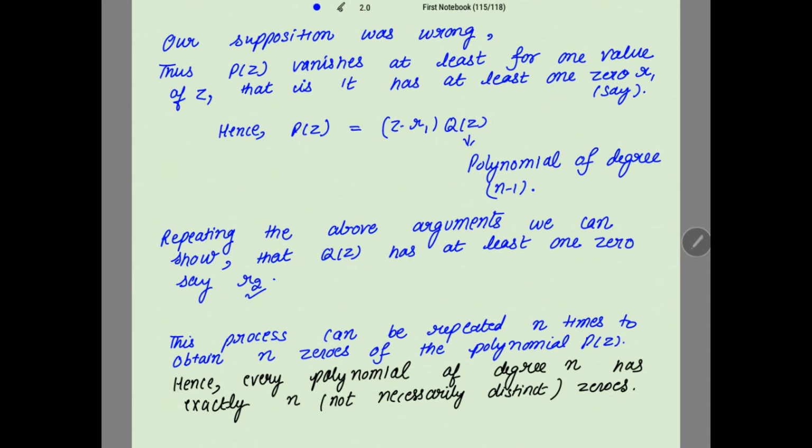You then take another, and going like this, the process can be repeated n times to obtain n zeros of the polynomial p(z). First zero R1, then second zero R2, then again we repeat the steps, then we get R3. Going like this, we get our n roots, right? Hence, every polynomial of degree n has exactly n zeros, not necessarily distinct, right?